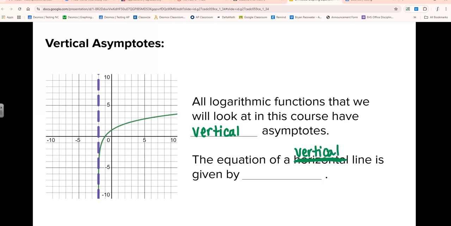The equation of a vertical line is given by x equals a number. So if I look at this vertical asymptote right here, what is the equation of that vertical asymptote?